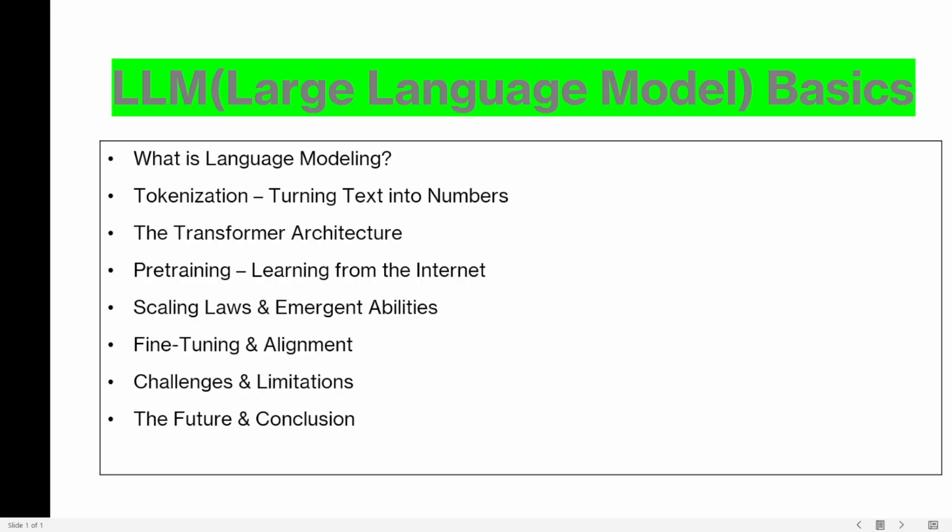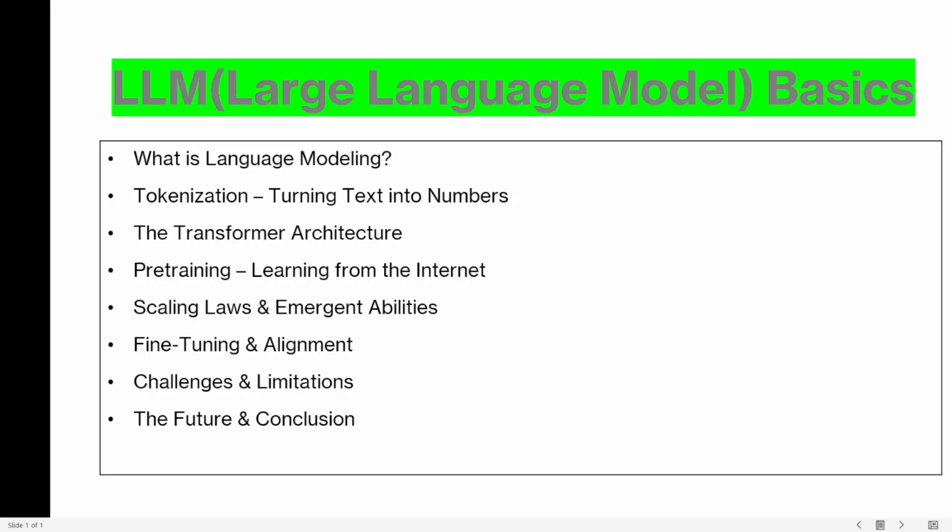For example, "cat" might be one token. "Unbelievable" might split into "un", "believ", "able", and so on. A space and punctuation are often part of tokens too. As a rough rule of thumb, one token is about 3 to 4 characters of English text or roughly three quarters of a word.